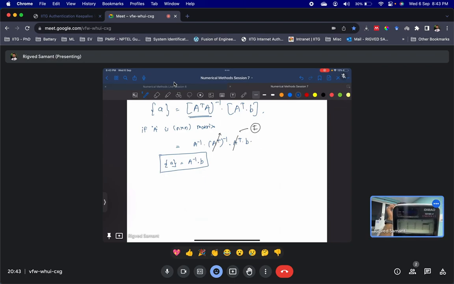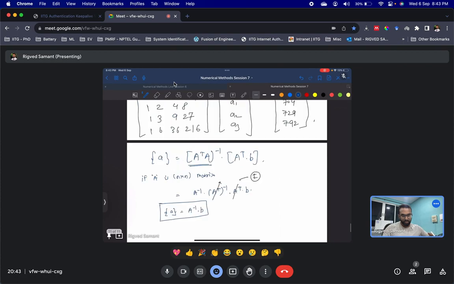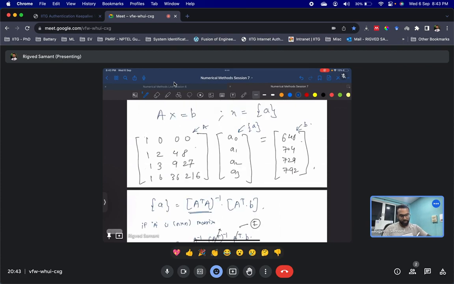Then it gives you a setup with a 4 by 4 matrix where you have to fill in your data. So I'll just fill it in for you guys: 0 0 0 1, 2 4 8 1, 3 9 27 1, 6 36 216 1.